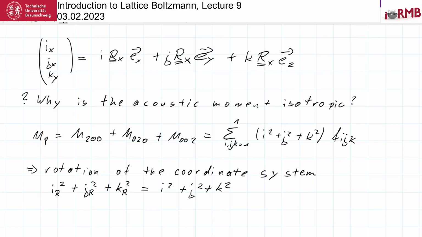So this is a little bit more involved computation. This is why I'm not showing it explicitly here, yeah. But this is what comes out.